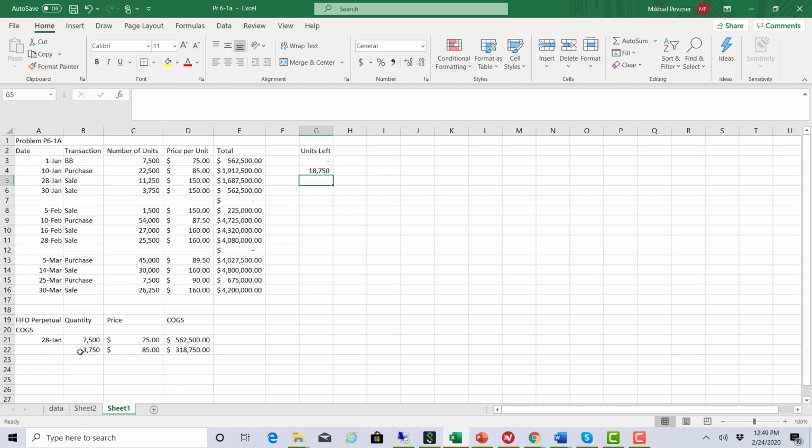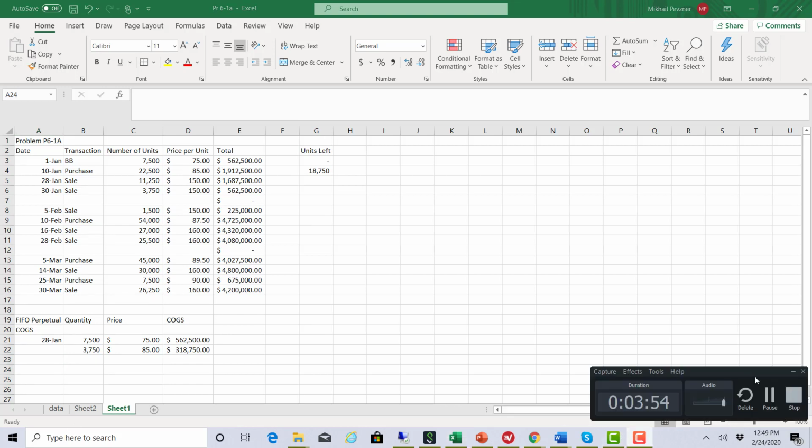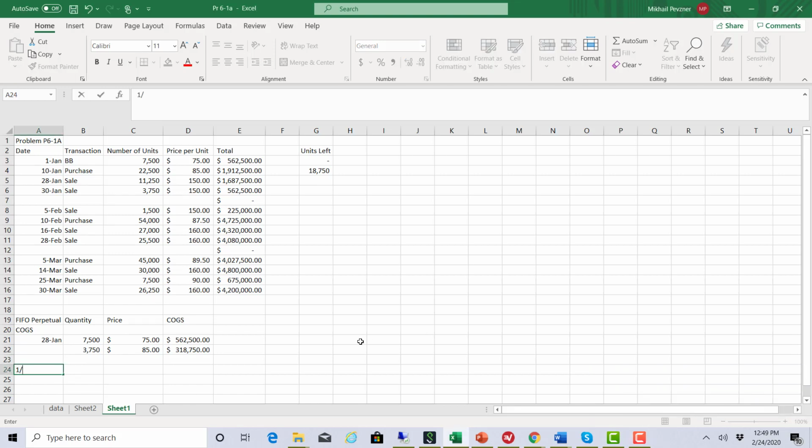Then we had another sale on January 30th, which was 3,750 units. At what price? That would come from the second purchase, so it must have been at $85, because first in, first out.